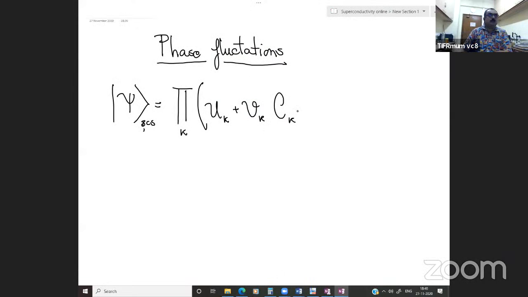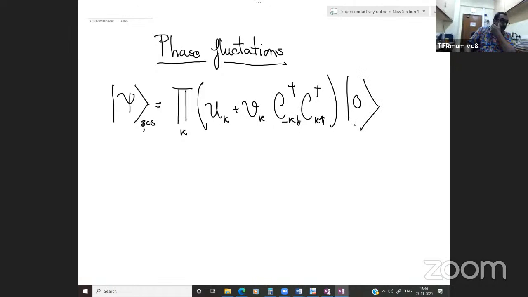Okay, we started with a wave function like this. And then we went ahead and found out what u and v are variationally, and then we also solved the problem through canonical transformation.